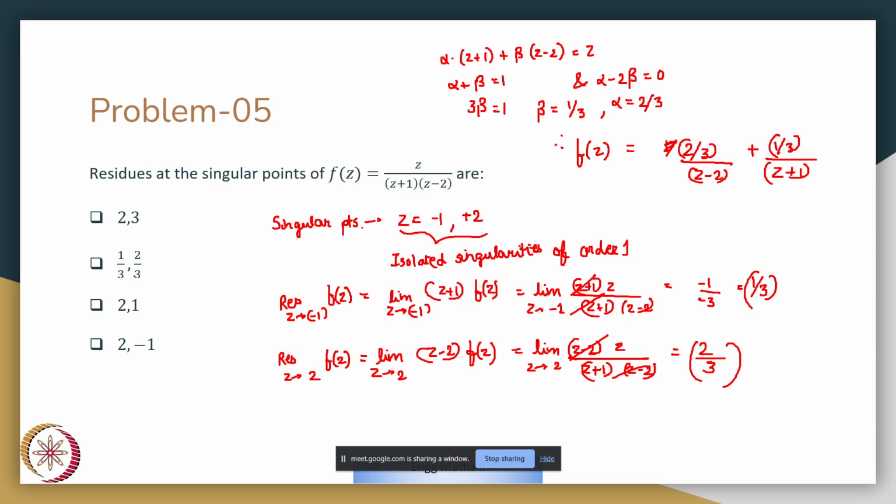So our answers turn out to be 1 by 3 and 2 by 3, which is option B.